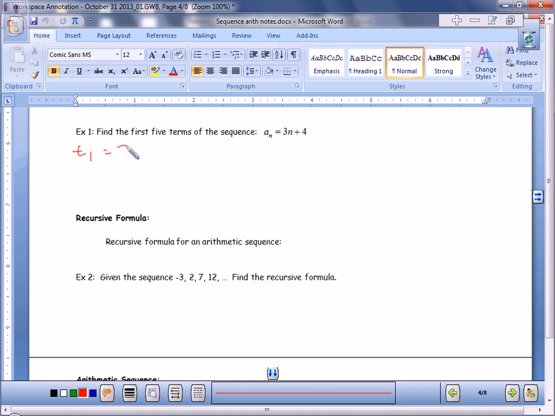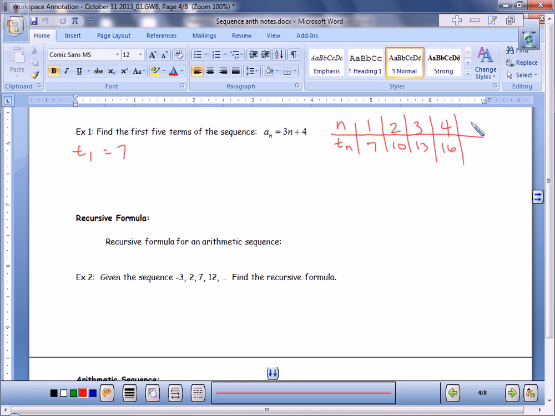I'm plugging in positions here, and I'm getting out the value of the term. When I plugged in 1, I got out 7. When I plug in 2, what do I get out? 10. 3, 13. Good. 4, 16. And finally 5, 19. Yes.